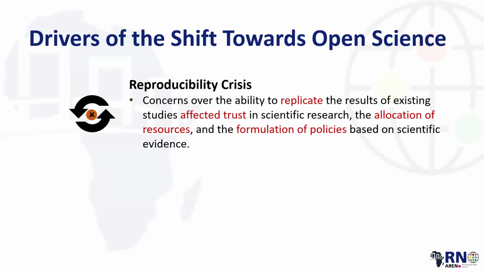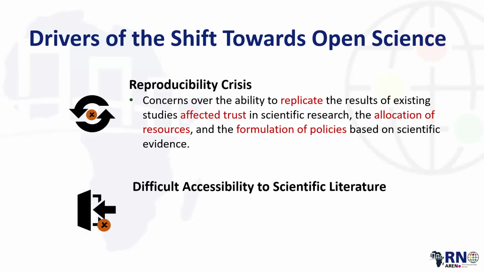And this was the concern that many scientific outputs are not replicable. So we cannot regenerate the same results using the same data. So this was a big problem. And of course, it affected the trust in scientific research. And it also affected the allocation of resources and the formulation of policies. So this was one of the major drivers towards open science, the reproducibility crisis.